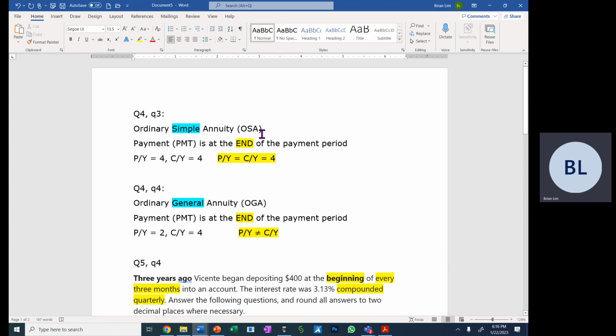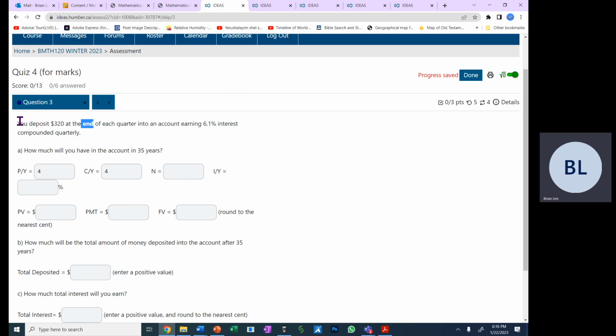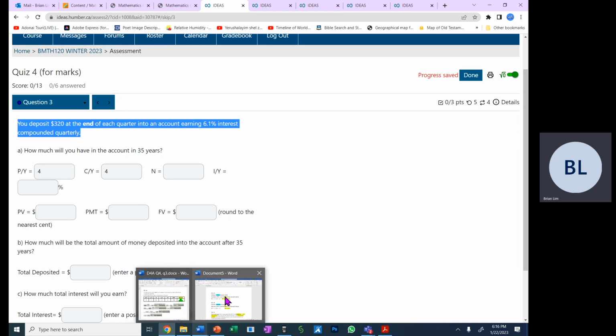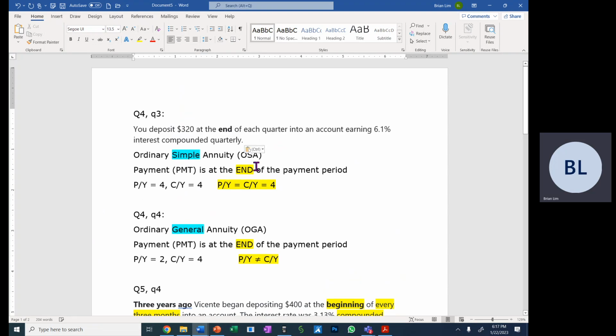Okay, I will now go back to these questions right here. So quiz 4, question 3 would be this one right here. We're not really interested in how much is in the account right now anyway. In 35 years, we're interested in the classification of the question. Okay, so if we paste that in there, then we are more than supplied with enough information.